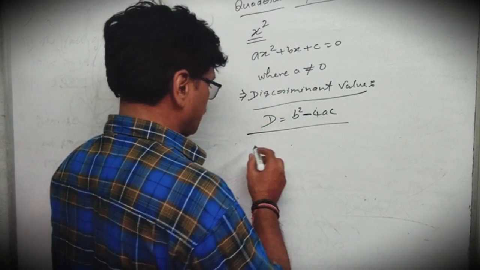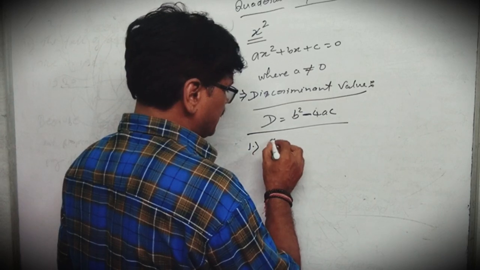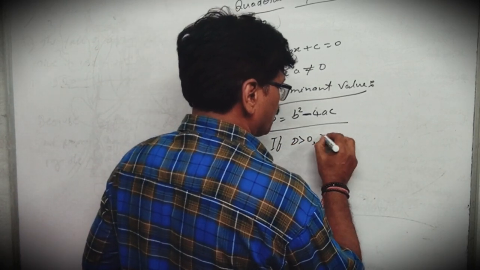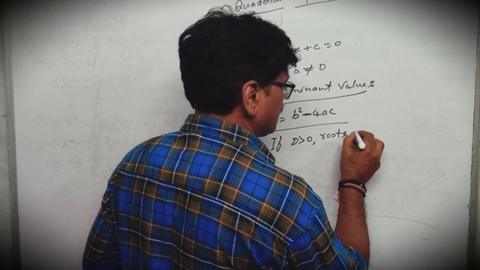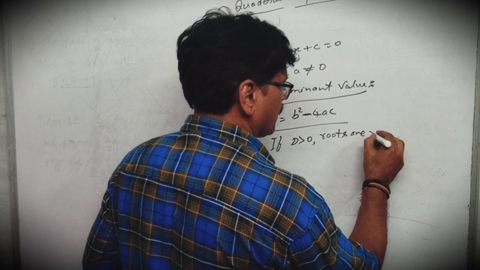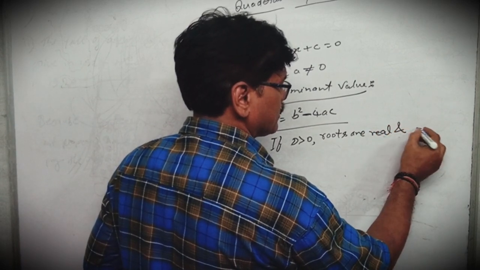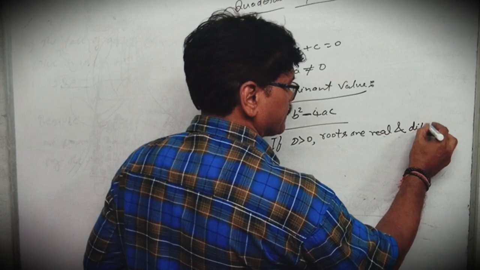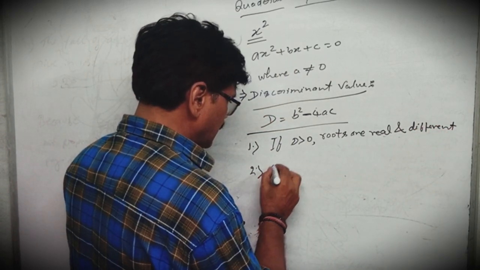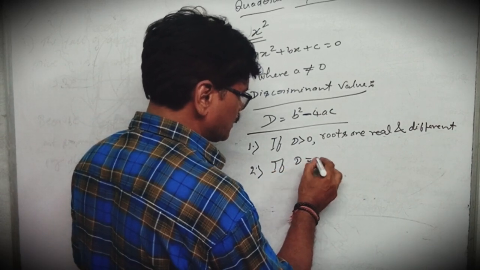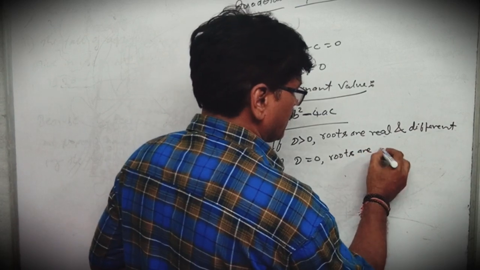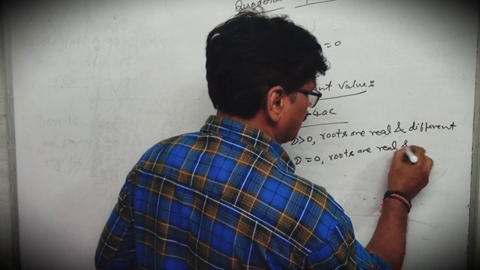First, if D is greater than 0, roots are real and different. Second, if D is equal to 0, roots are real and equal.